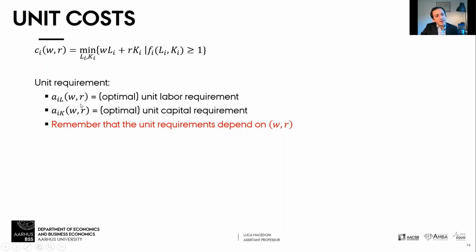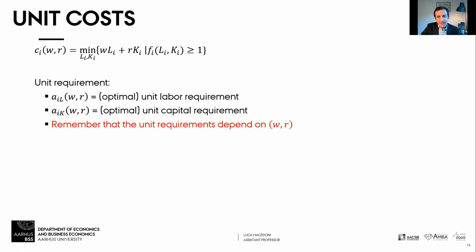Now, we're going to think in terms of unit factor requirements, just as we did in the Ricardian model. We're going to say that a_iL, which is a function of the wage and the rental on capital, is the optimal unit labor requirement, because obviously it depends on the level of the wage and the rental on capital. And then we have a_iK, which is the unit capital requirement.